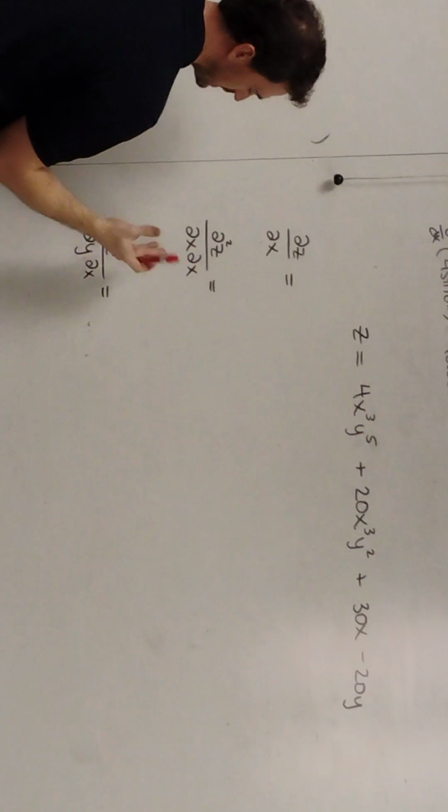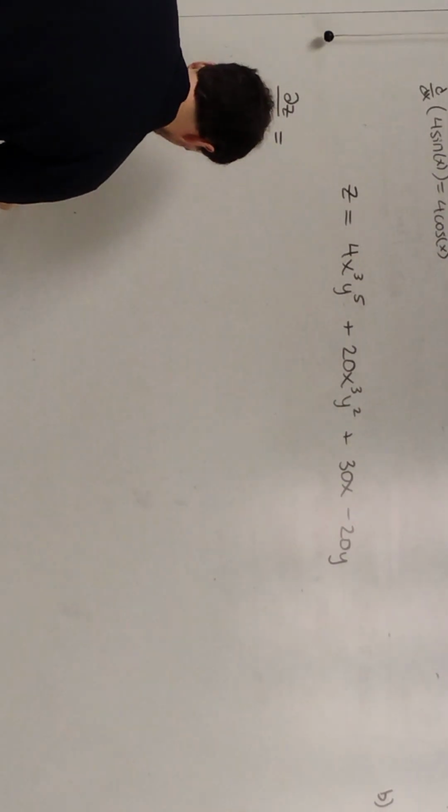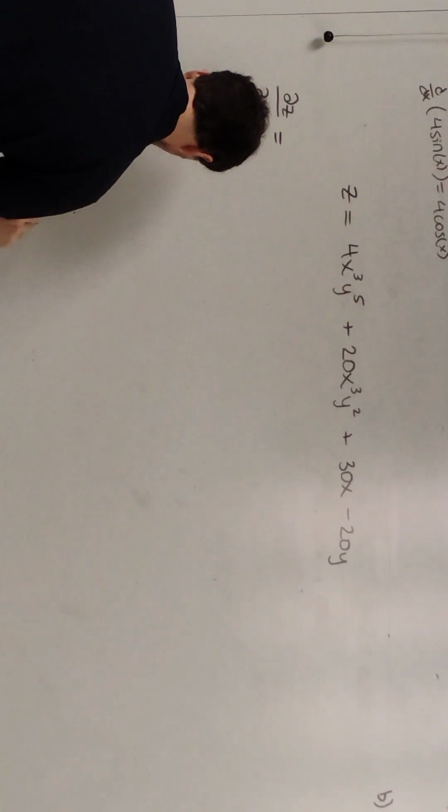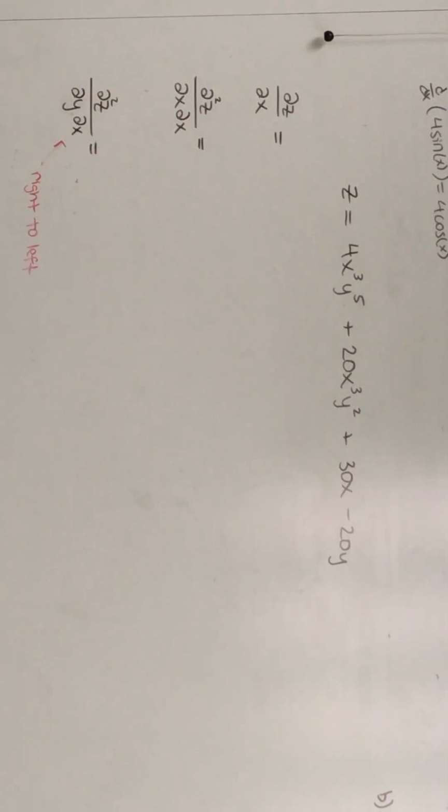Over here, we have to read this right to left: partial derivative with respect to x, and then the partial derivative with respect to y. It's the only thing different about this notation. It's just right to left.